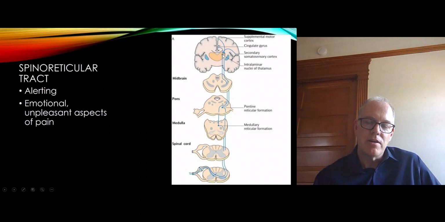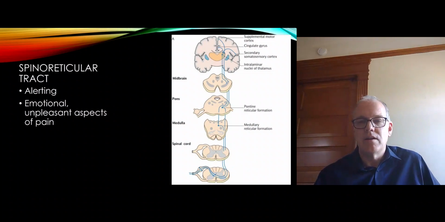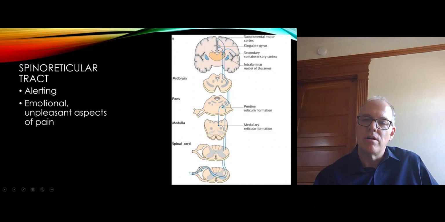And from there, notice the difference. This does not go to one area of the sensory cortex. This really bombards large areas of the cortex. So unlike the spinothalamic tract, this pathway is not really for localizing pain, but it has a very alerting function.